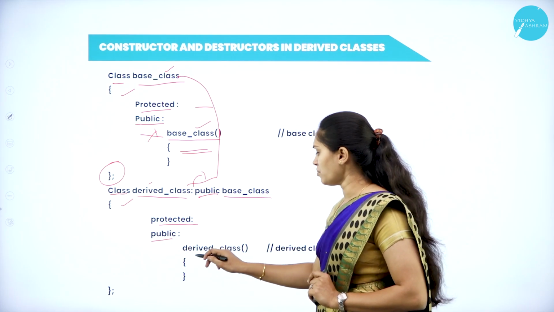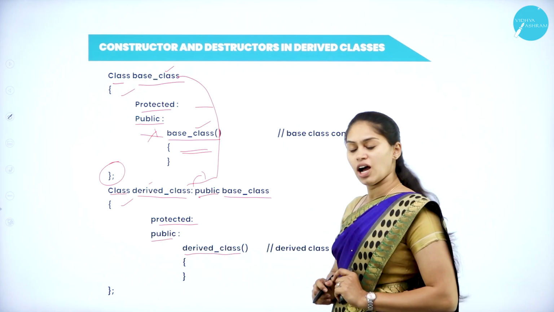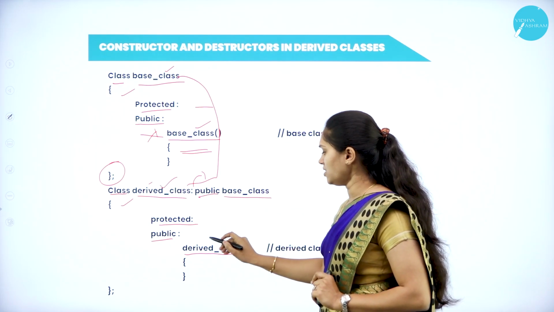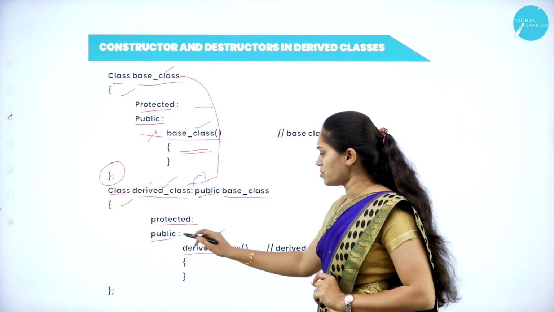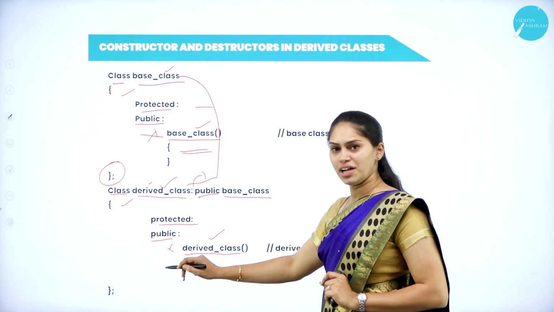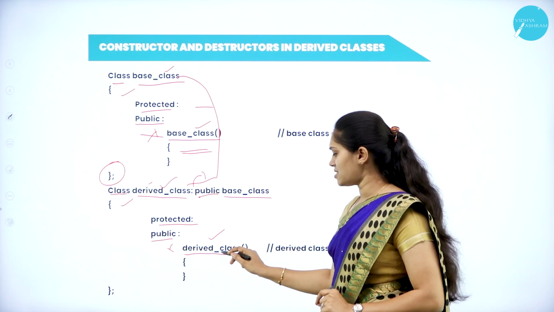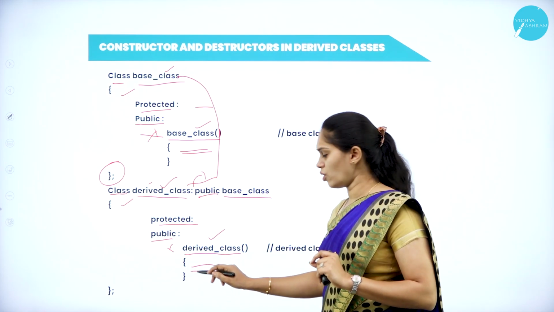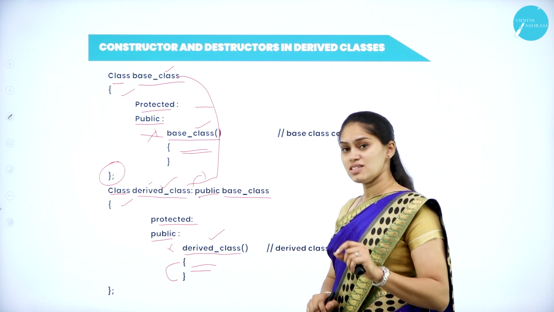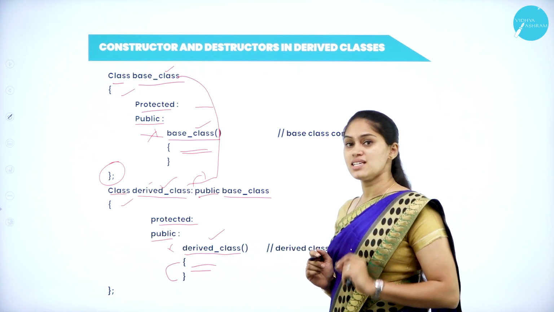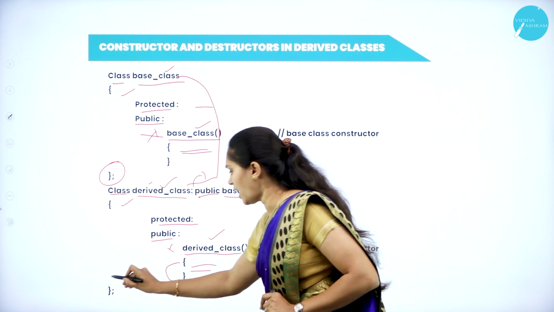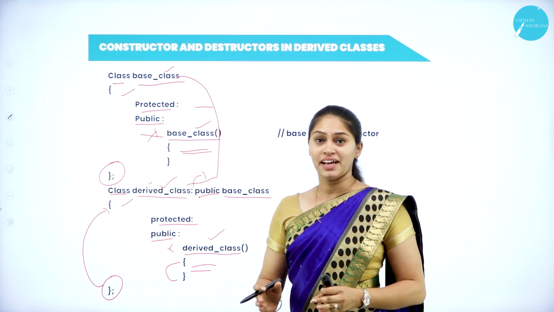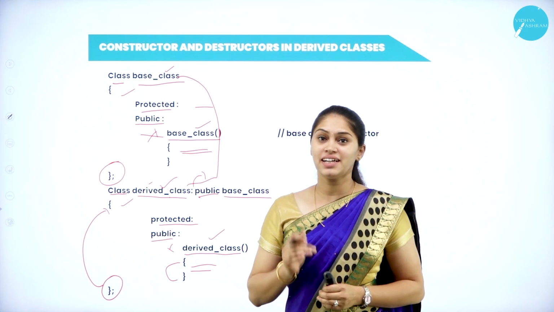Under public, I am creating one constructor. How can I call this a constructor? Because it has the same name as the derived class name, it comes under the public section, and it has no return type, so I can call this a constructor. It has several lines of code. This opens and ends the scope of the derived class constructor, and I am closing the scope of the derived class. After this, I must create an object for the derived class.